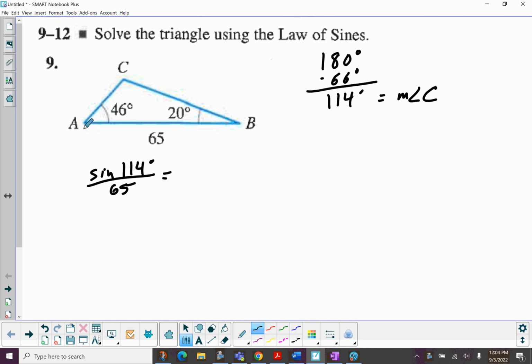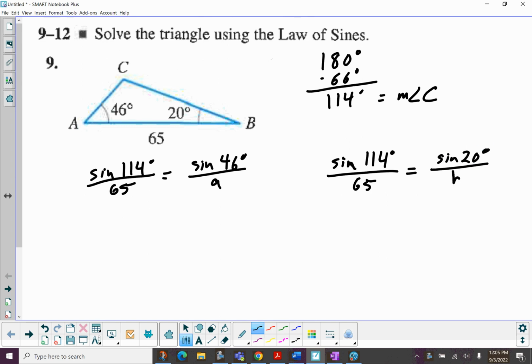Say I do something crazy like start with angle A. So that's the sine of the 46 degrees divided by the length of side A. And then I'm going to use that same ratio in the other proportion here, taking the sine of 20 degrees to find the length of side B.